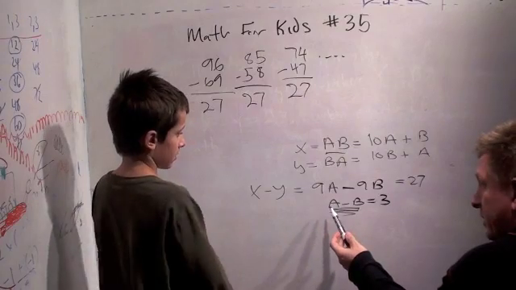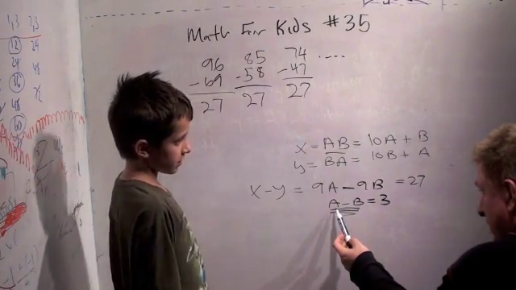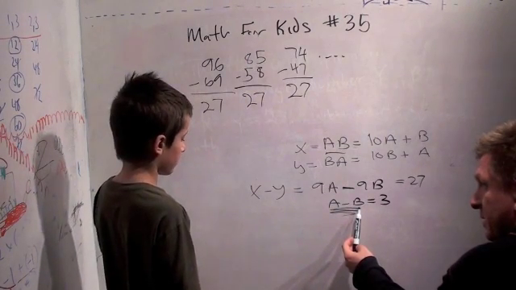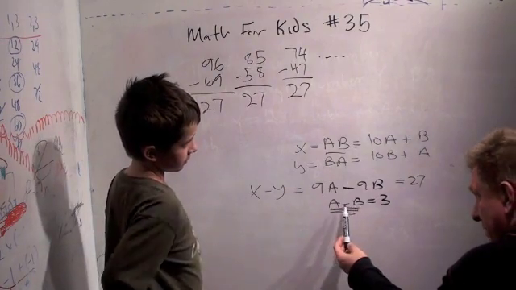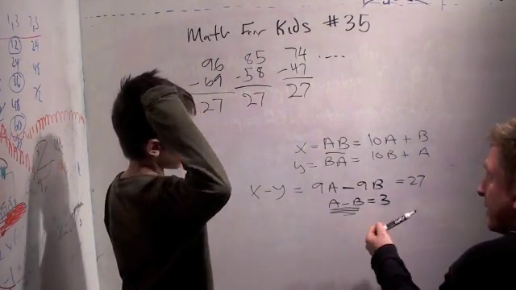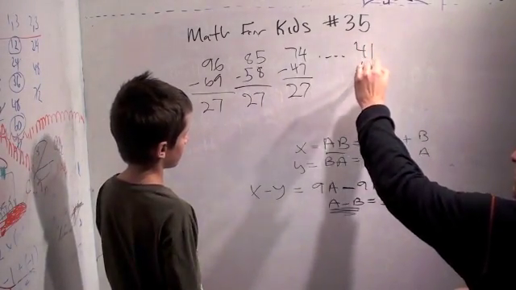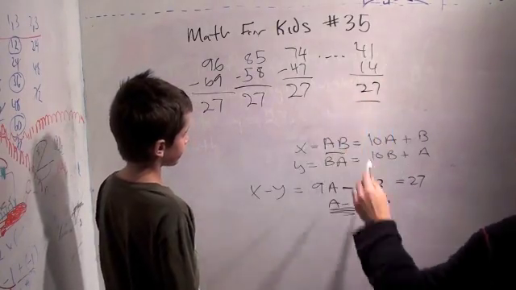Why can't A be 3? Well, if A is 3, then B has to be 0. Can't do that. And so it has to be 4 and 1. 41 minus 14, what does that equal? 27. Very good.